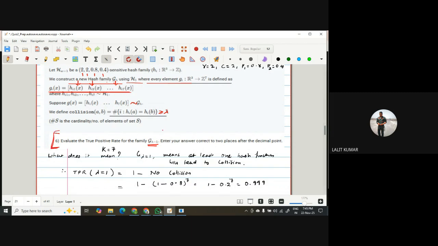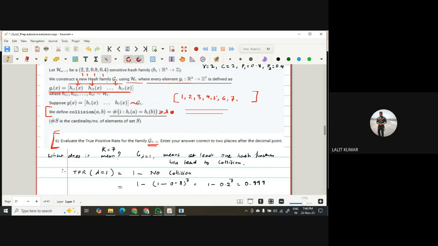G lambda is equal to 1, it is saying from here that out of 7 hash functions, even for G lambda 1, at least for 1 there should be a collision. So it can be 1, 2, 3, 4, 5, 6 and 7. So at least for 1 collision takes place and it will say that the collision has happened because here they have defined it like so.